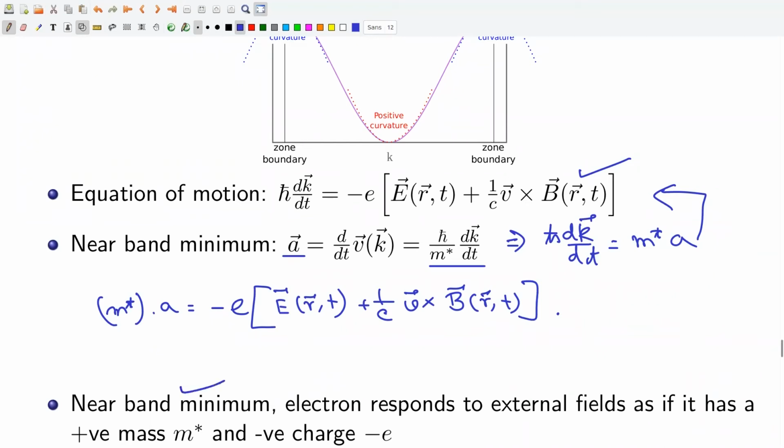So near the band minimum, electron responds to external field as if it has a positive mass m star and a negative charge minus e.